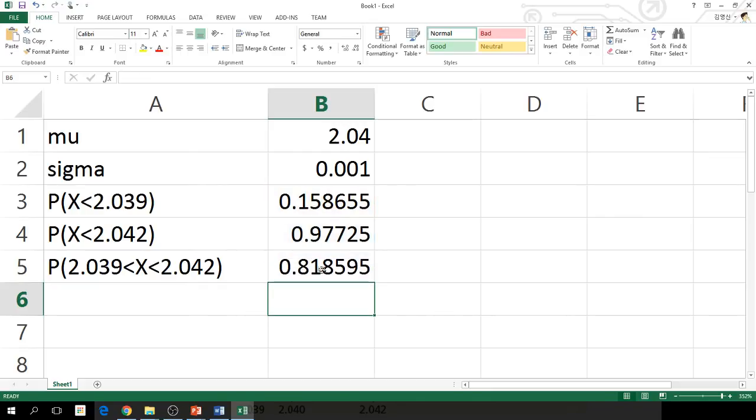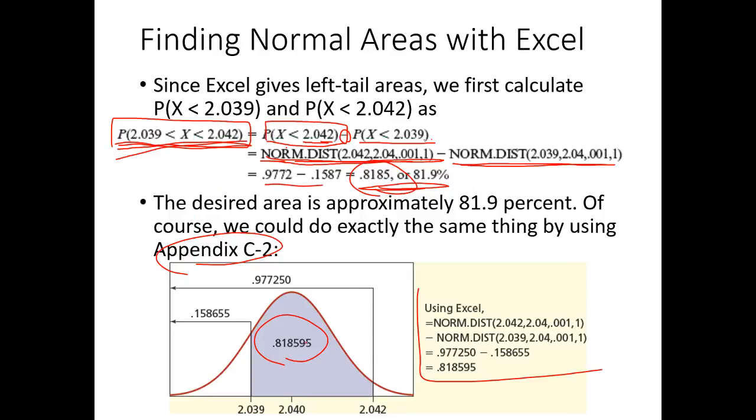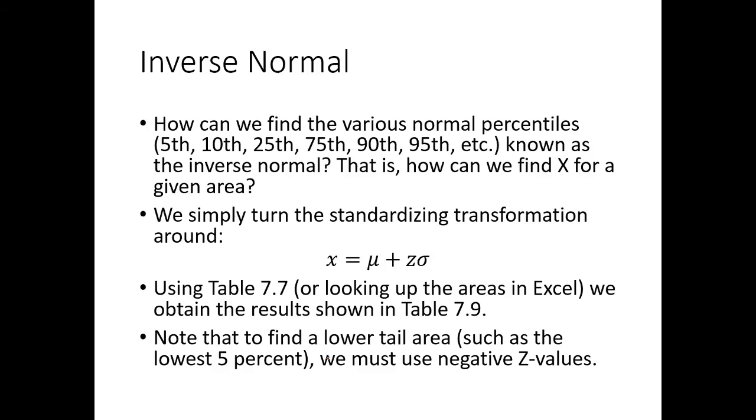So then we obtain 81.85%, which is the same as shown in this table, in this slide. Okay, so using Excel, we can calculate the probability of normal distributions.